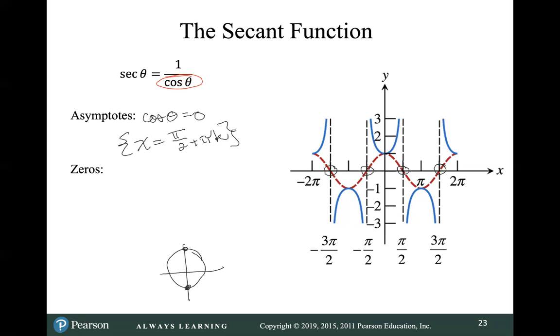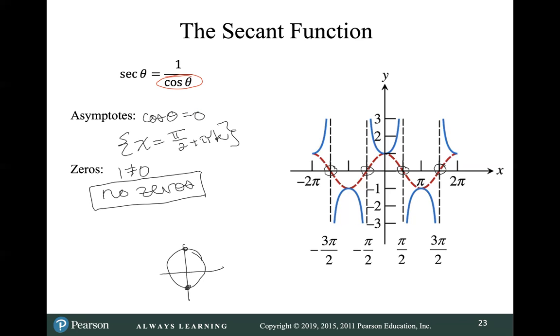So that's pi over 2, 3 pi over 2, 5 pi over 2, 7 pi over 2, all of the odd pi's over 2. The zeros would be when our numerator is 0. 1 never equals 0, so there are no zeros. Secant will never cross the x-axis.